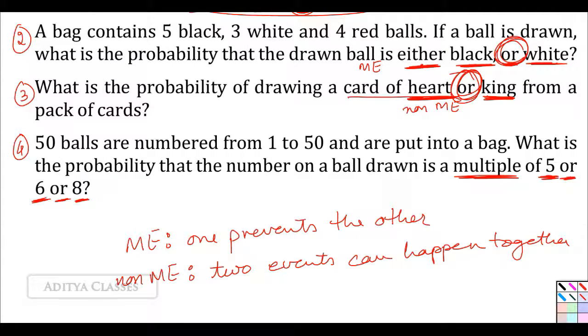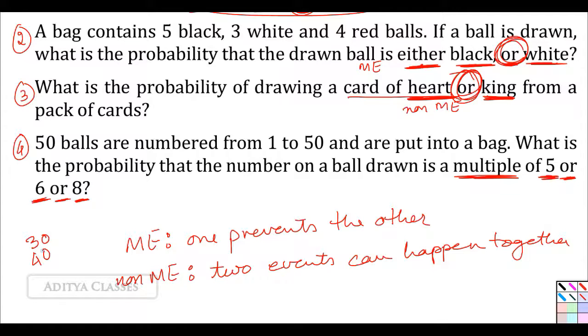Now, is this a case of mutually exclusive or non-mutually exclusive? Is there any number which is a multiple of 5 also and 6 also? Yes, I do remember a number. 30 is one such number which is divisible by 5 also and 6 also, or in other words is a multiple of 5 and 6. Is there any number which is a multiple of 5 and 8?